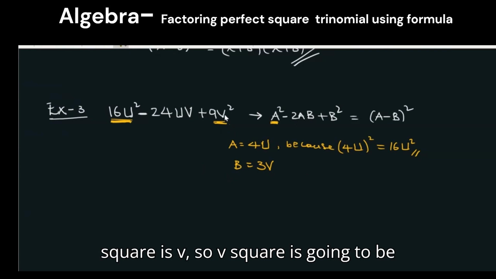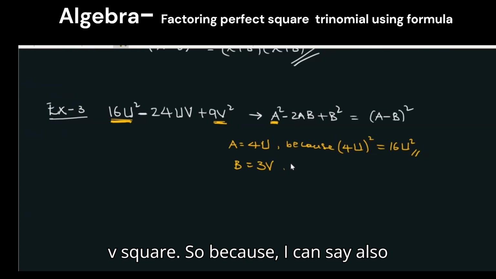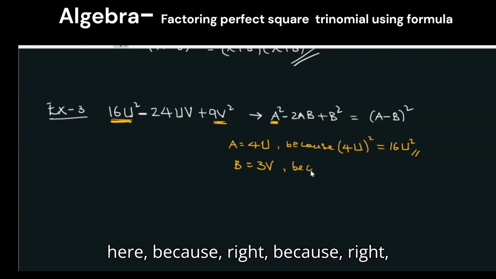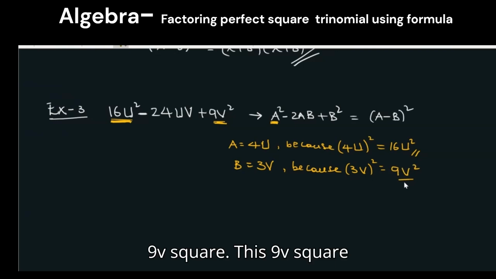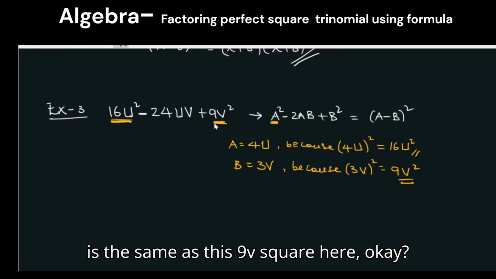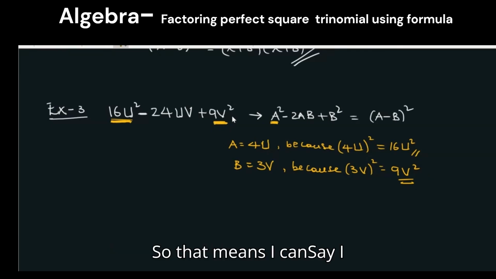Because (3v) the whole square is equal to 9v squared, the same as this 9v squared here. So I figured out the correct a and b.